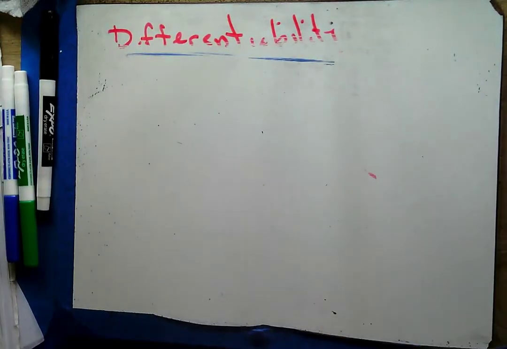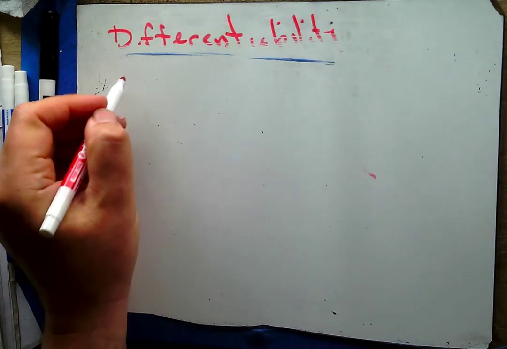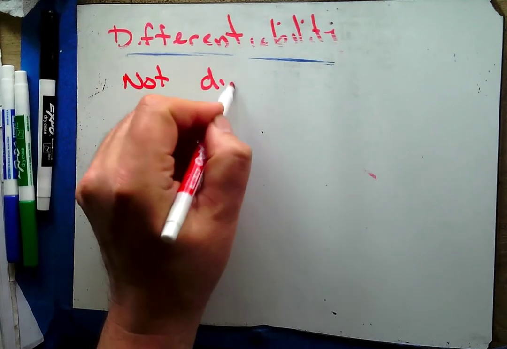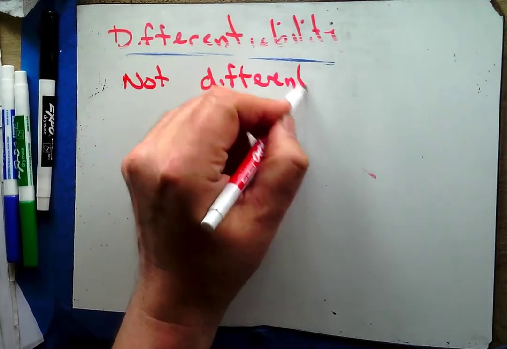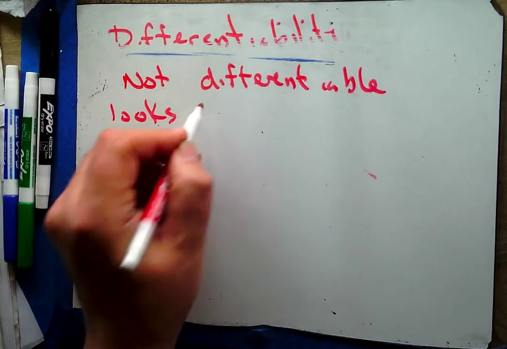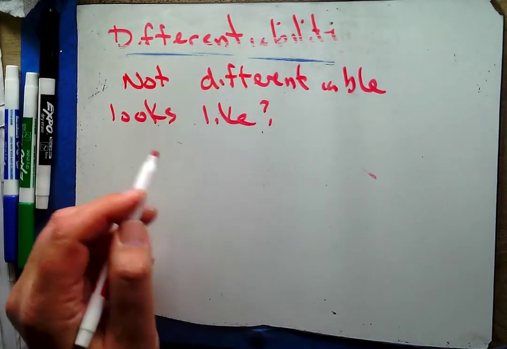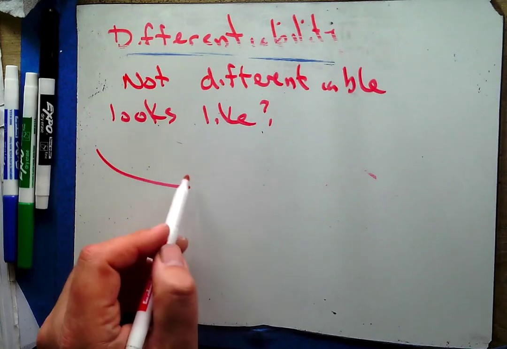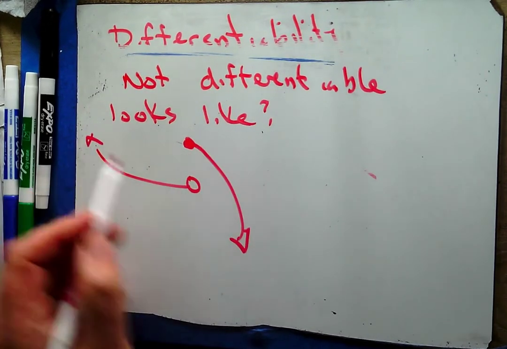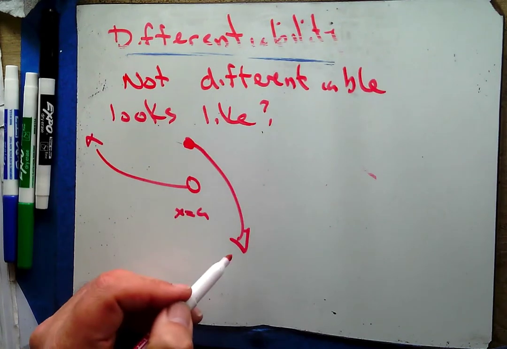All right, so if that's what differentiable means, what about things that are not differentiable? Well, we could have a thing where the function is not continuous at x equals a.